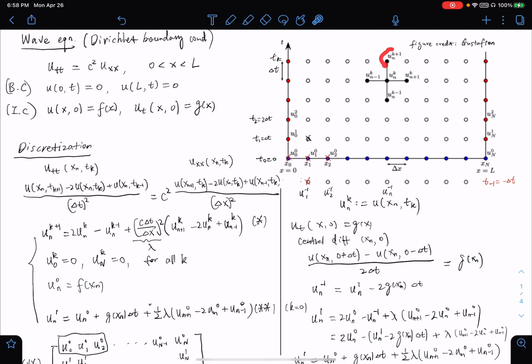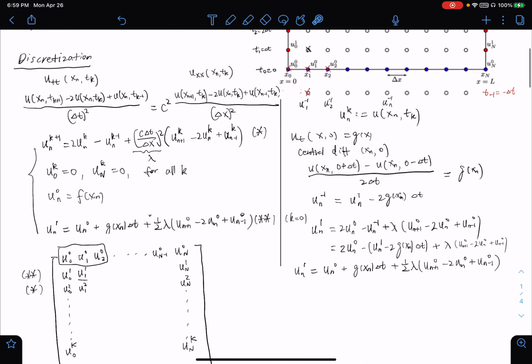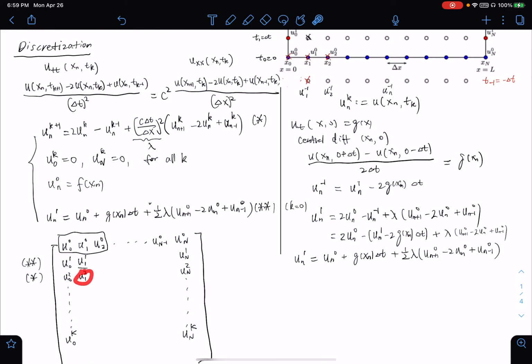So we can determine this value by three nearby values of the previous time step and one value of two time steps earlier, right? So in particular, this value is determined by this. Sorry, I made a mistake. This value is determined by these four values.